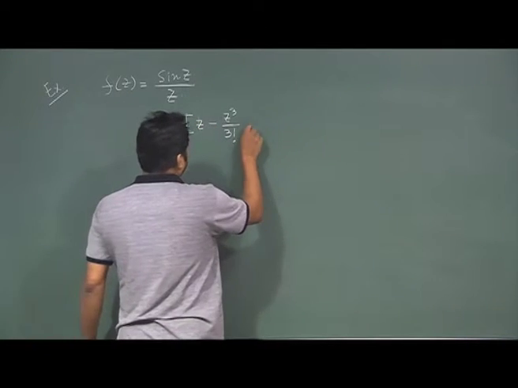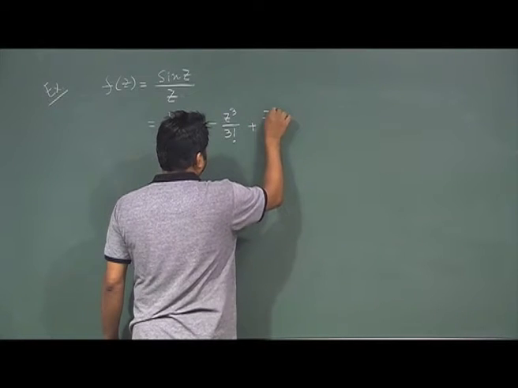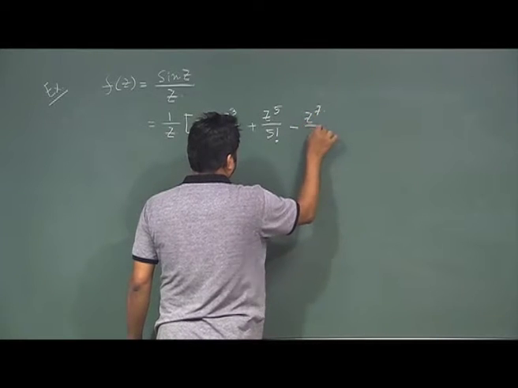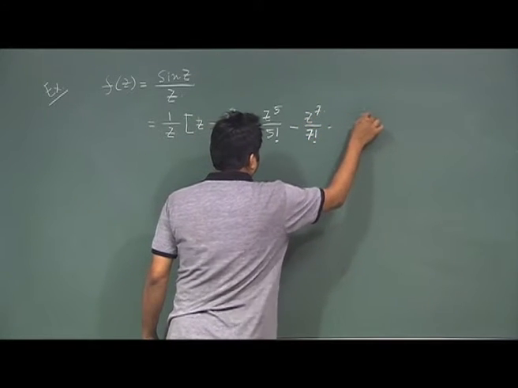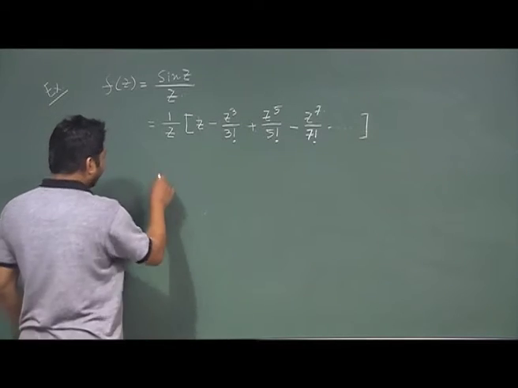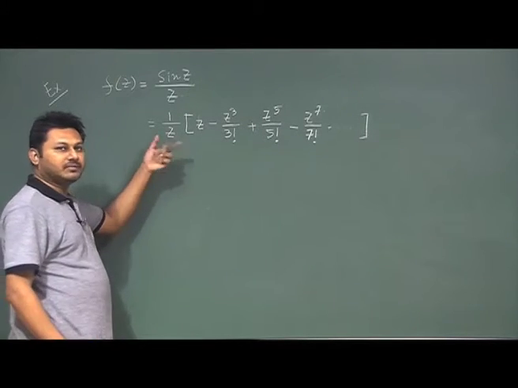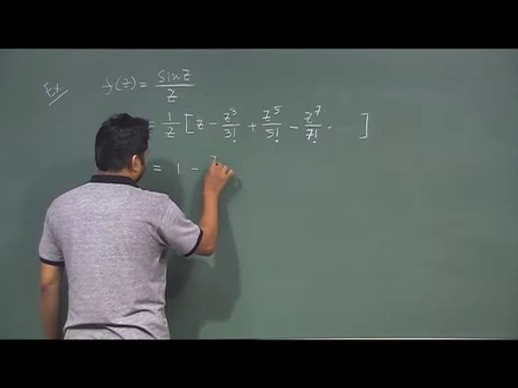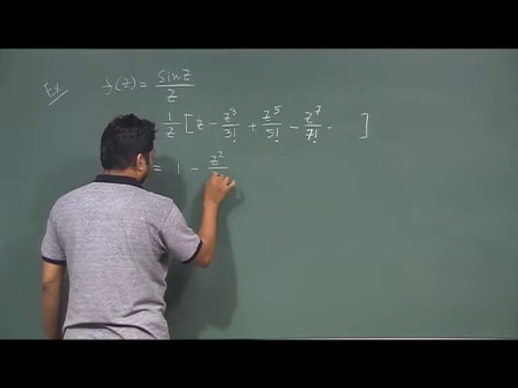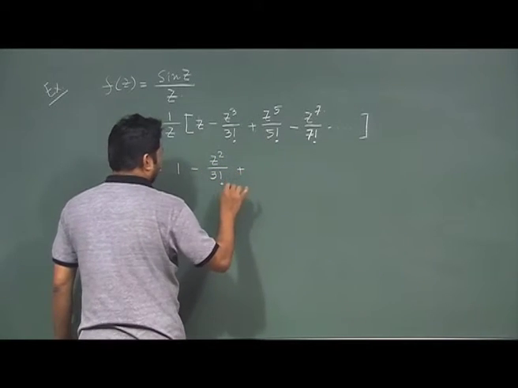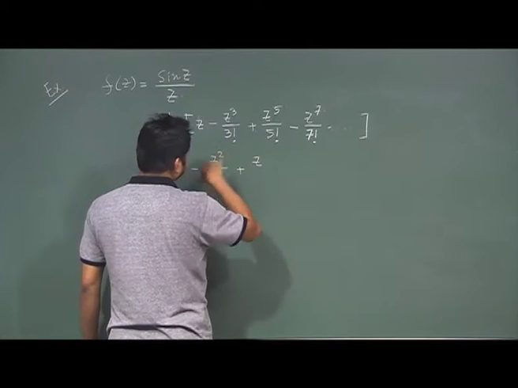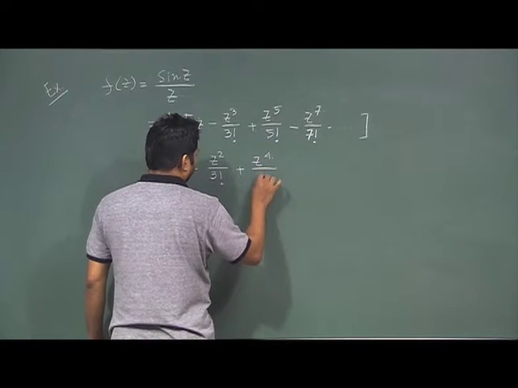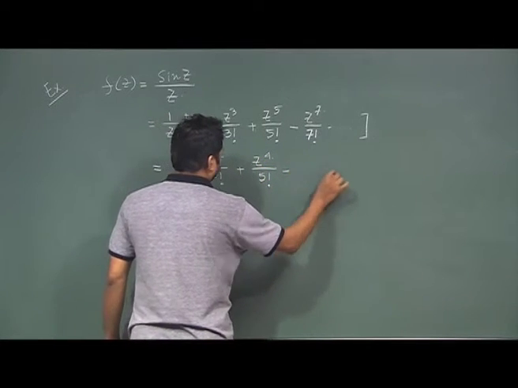I already divided by z, so the total form of this function comes out to be 1 minus z square divided by factorial 3 plus z to the power 4 by factorial 5 and so on.